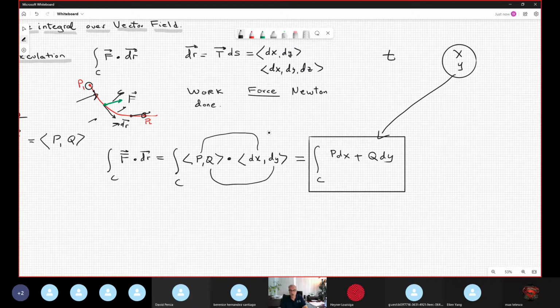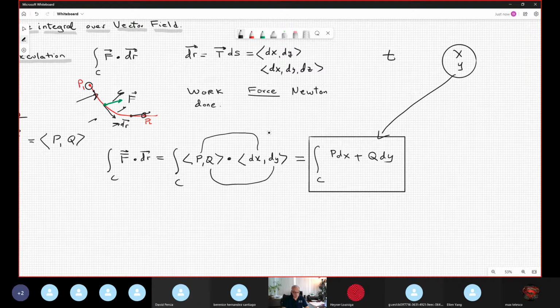How do you know if you need to parametrize or not? Well, it depends on the curve. If the curve is a circle, it's obvious that the best parametrization is cosine, sine.